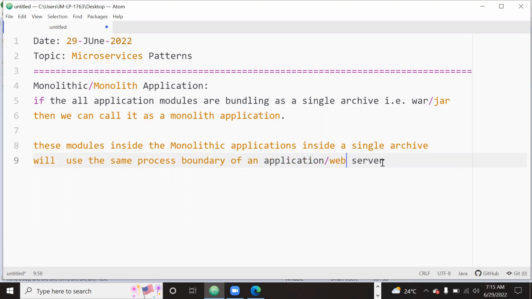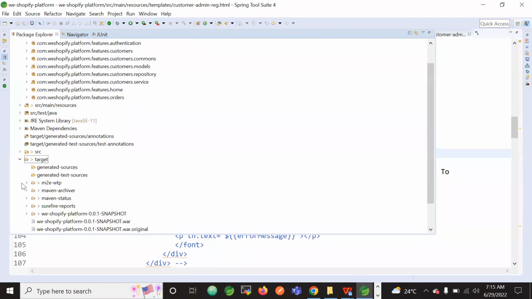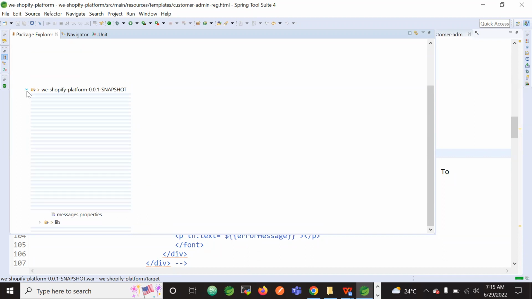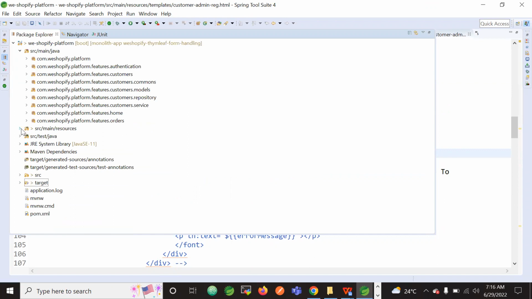What is this point meaning for? It means the jar file or war file, whatever we prepared, which contains all the modules inside it, will be deployed, and then all these modules will use the same process boundary.